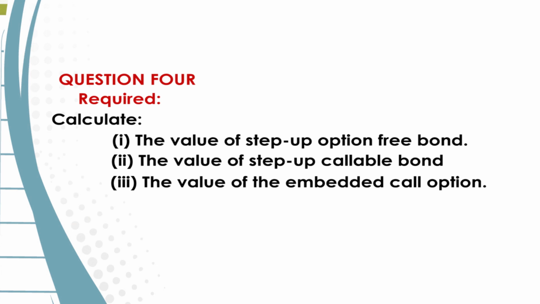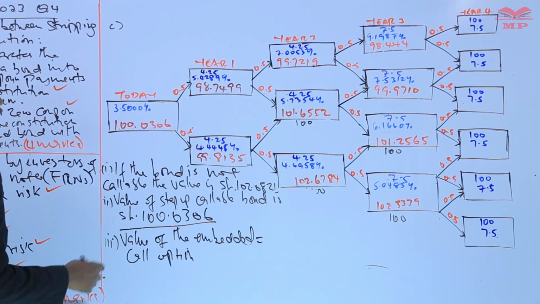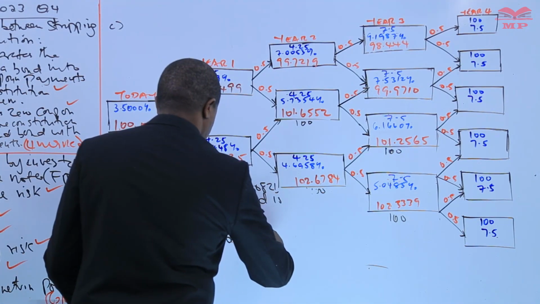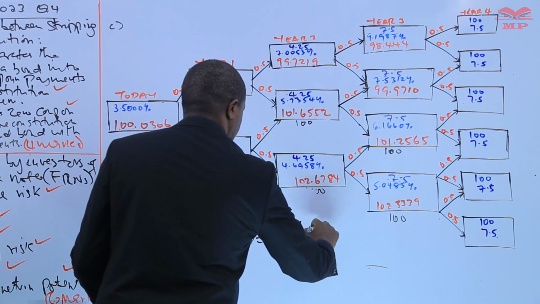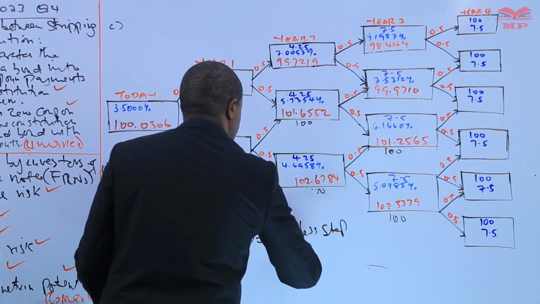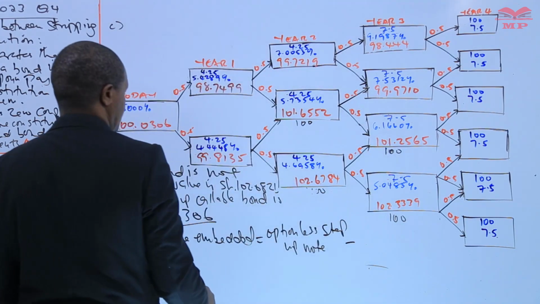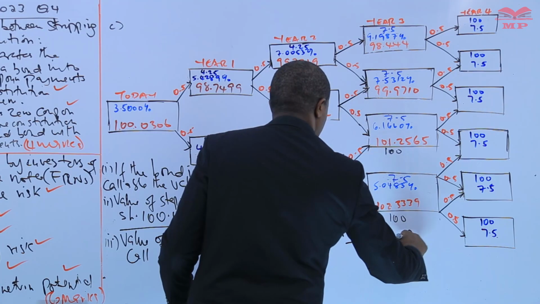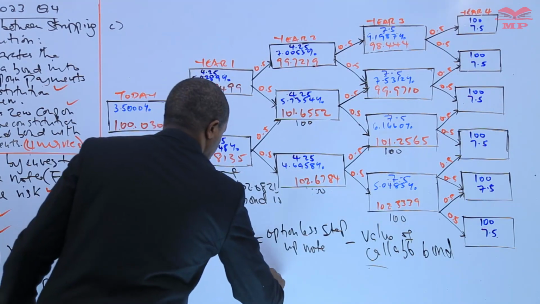Now the value of the embedded call option will be the difference between the value of the optionless step-up note minus the value of the callable bond. And we have these two values.